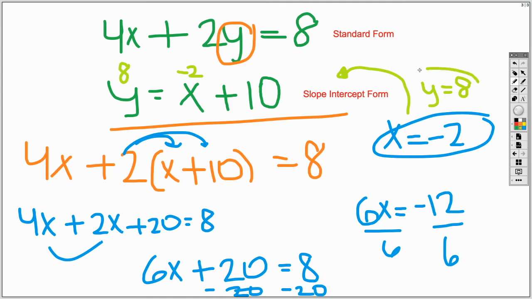Then I have to double check with this equation, because the values should work for both equations. So I get negative 2 times 4, which is negative 8, plus 8 times 2, which is 16. Does negative 8 plus 16 equal 8? Yes. So these two are right.